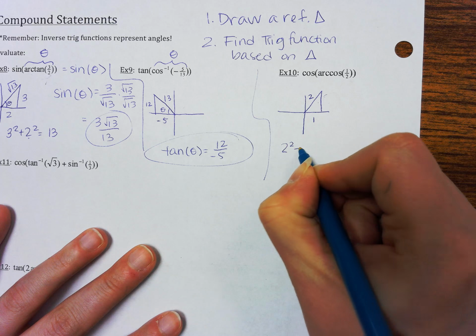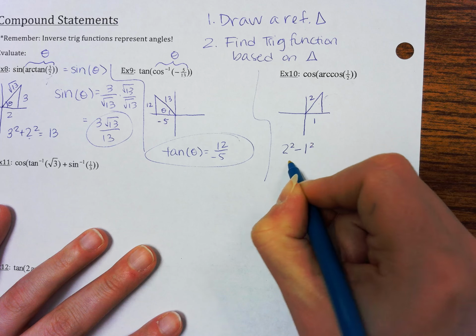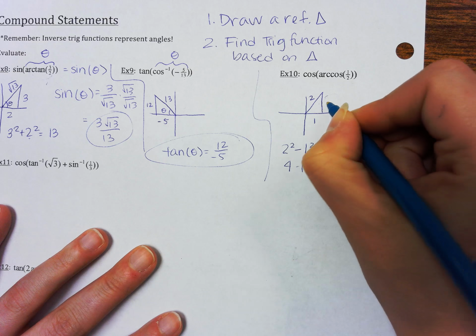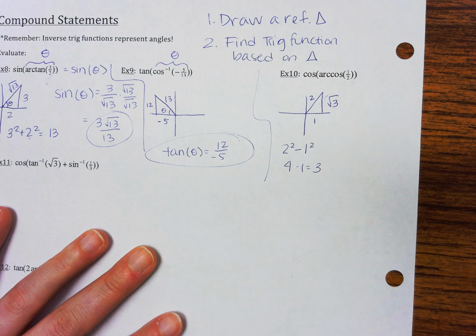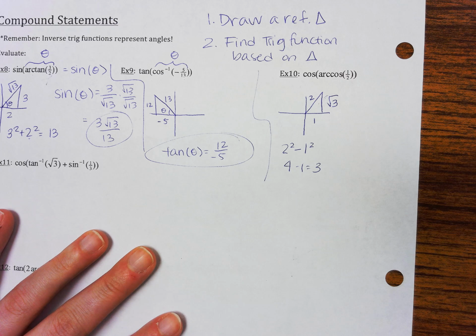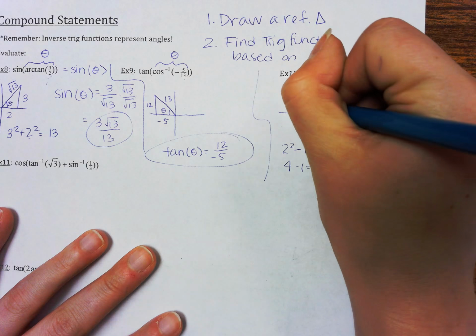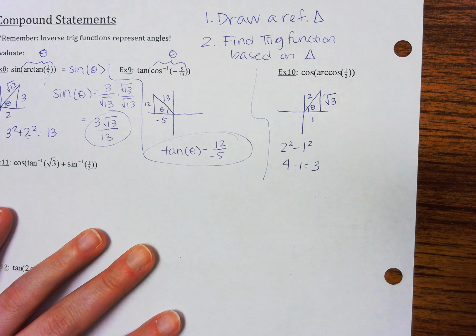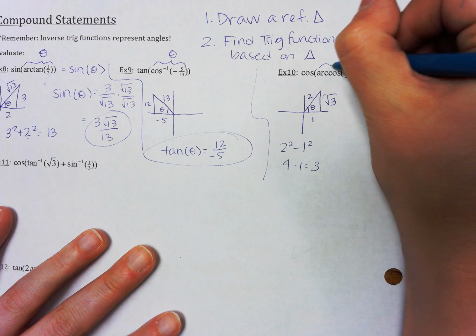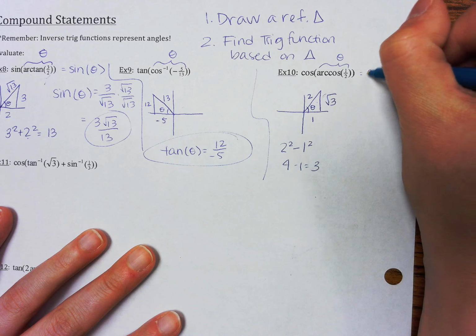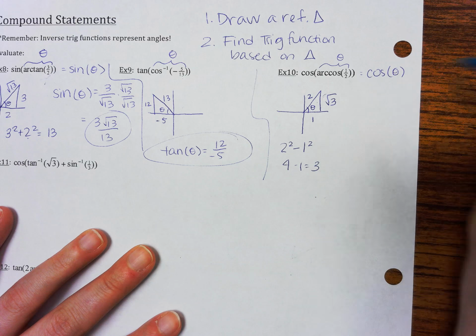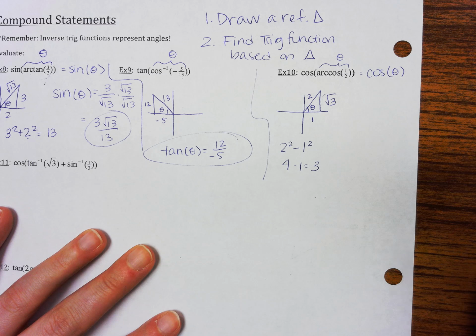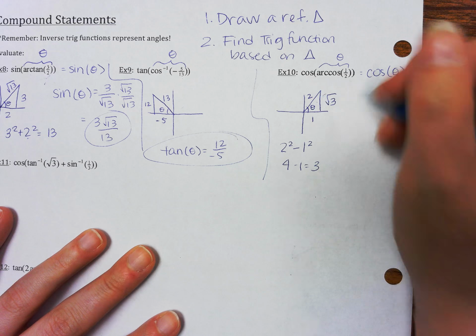So 2 squared minus 1 squared: 4 minus 1 is 3, meaning our adjacent side is root 3. This is our theta. Then we're going to evaluate cosine of theta, meaning we look at theta and evaluate where our cosine is. That's going to be adjacent over hypotenuse.